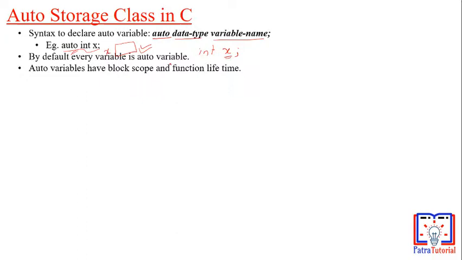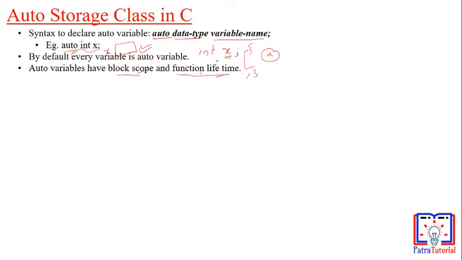I told in the last class that the storage class defines three things, right? First one is scope, second one is lifetime, third one is default storage value. So auto variables have block scope and function lifetime. What does block scope mean? The variable present inside a block will be accessible in this block only, not outside of this block.